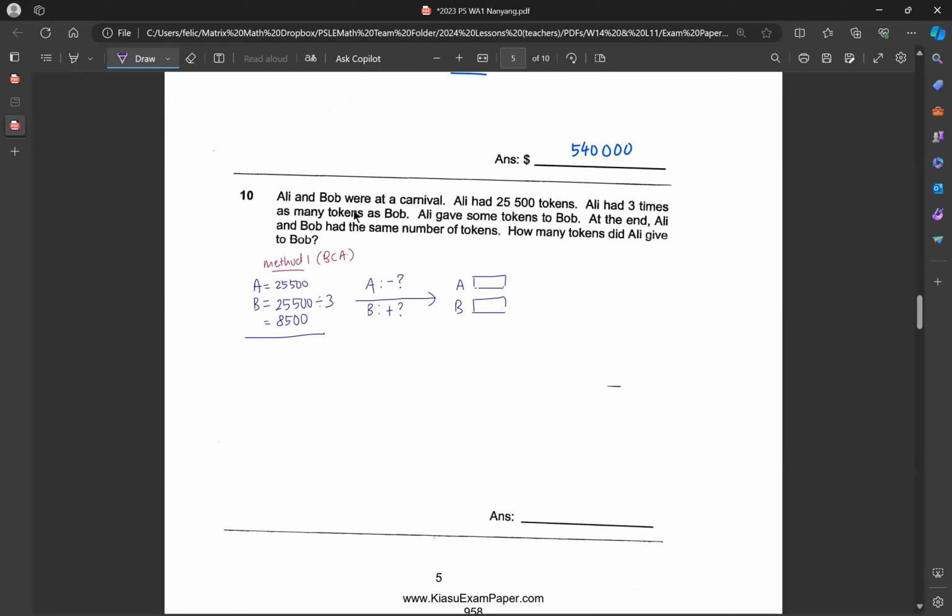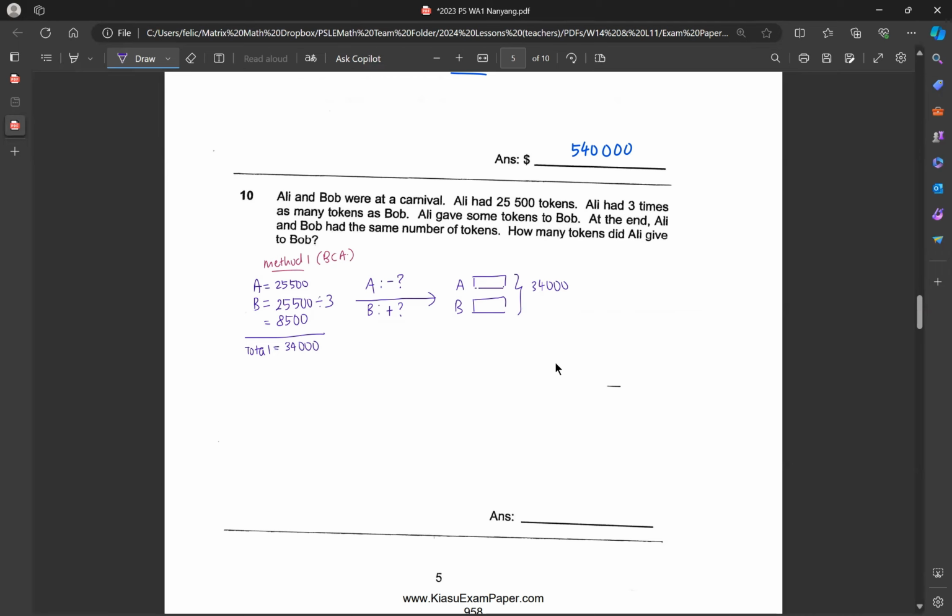If you add these two numbers, that gives us 34,000. The total at the start is 34,000, and at the end it is also 34,000 because they're just giving to each other.